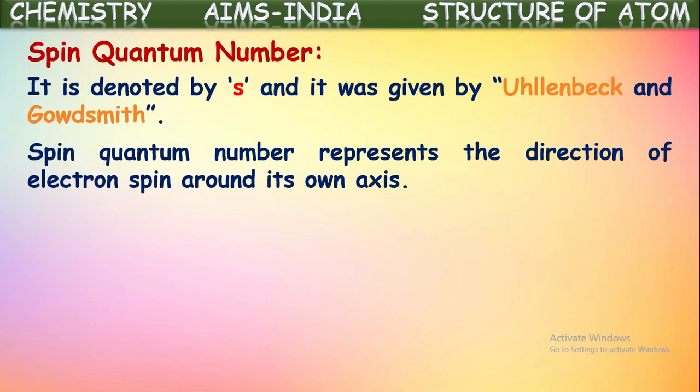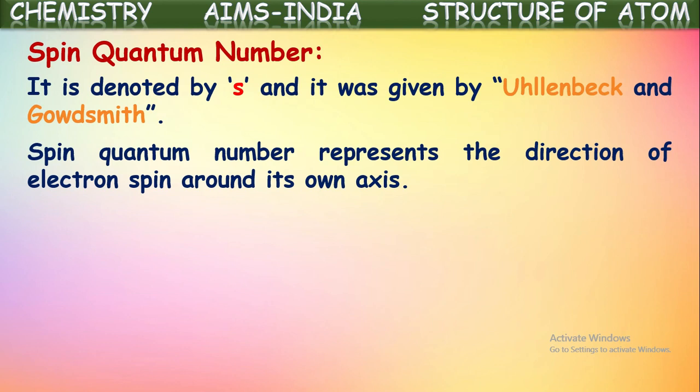The azimuthal quantum number represents the subshell in which that electron is located in the shell. And the third one, the magnetic quantum number, represents the orientation of the electron around the nucleus, meaning in which orbital it is located in the particular subshell. So first shell, subshell, and in that again orbital. These were represented by those 3 quantum numbers.